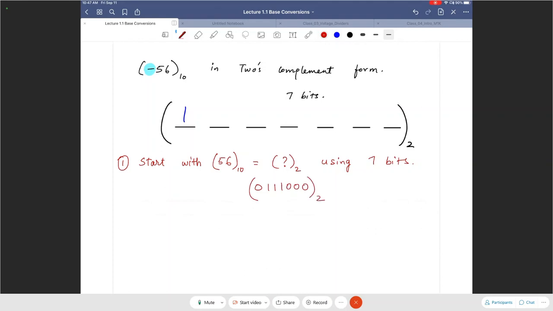If you convert 56 to binary using 7 bits, you should get that. You get 1 for 32 place, 1 for 16 place, 1 for 8 place, and everything else should be 0, including the sign. Now, you have represented 56. The second step is going to be, this is the shortcut, right? So flip, meaning complement each bit.